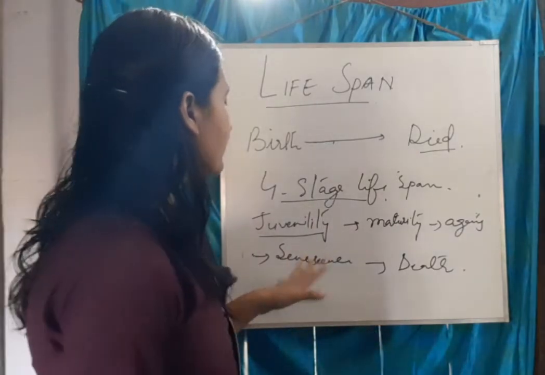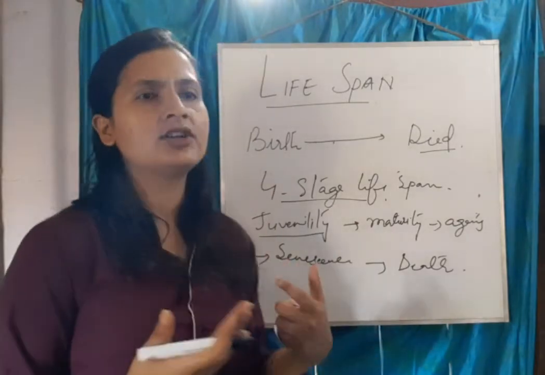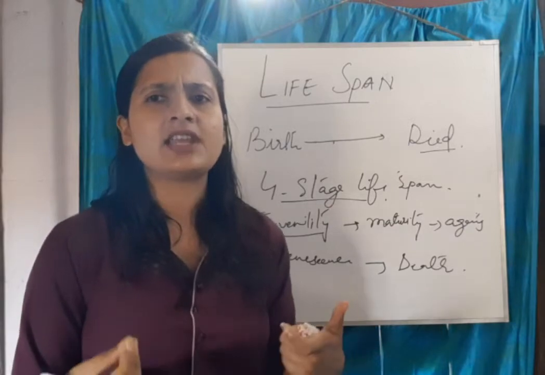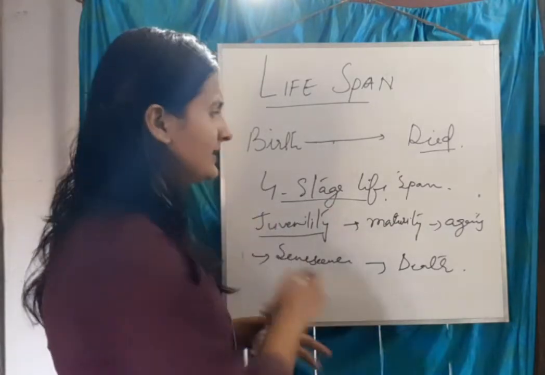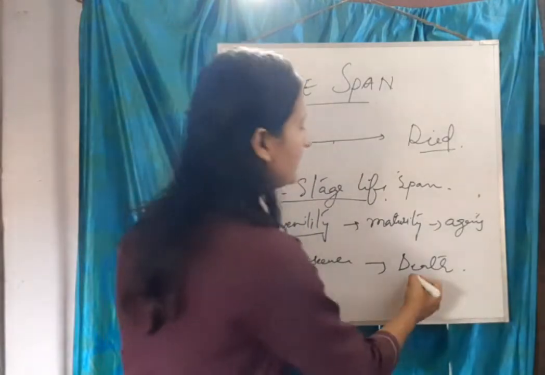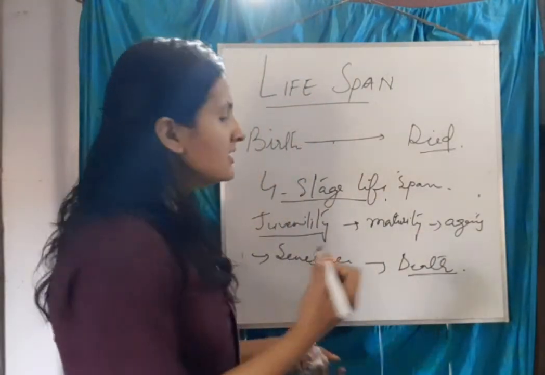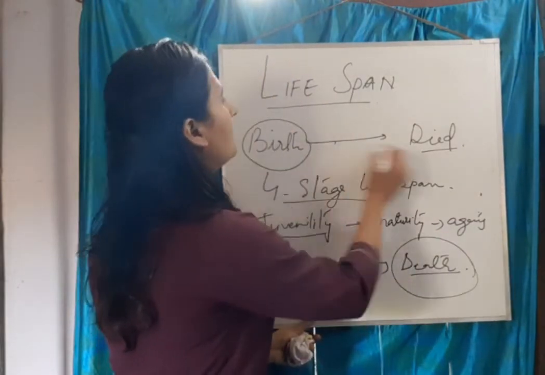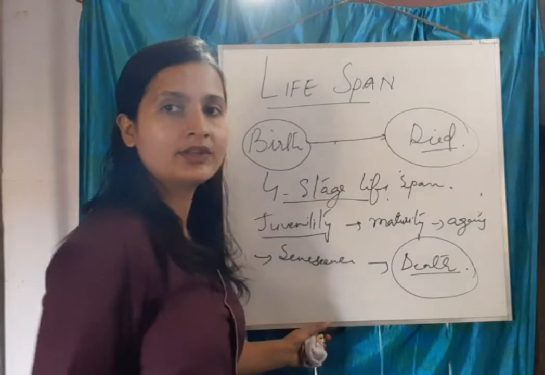Then comes senescence, where one gets older, the last stage of this lifespan. And finally, at one time they die. So here we are talking about birth, and we are talking about death, correct?